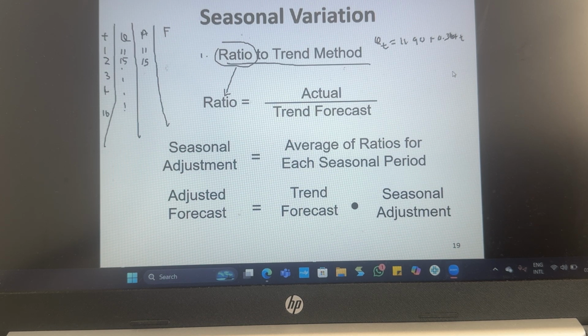Okay, 394. So to get this forecasted trend, what is the number you need to plug? Time period 1 for trend forecasted value. What is the number here? 1997 first quarter. Number 1.